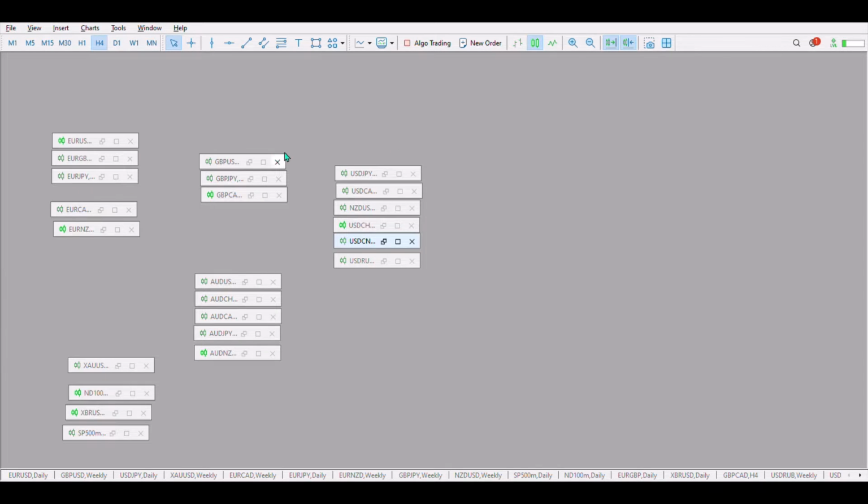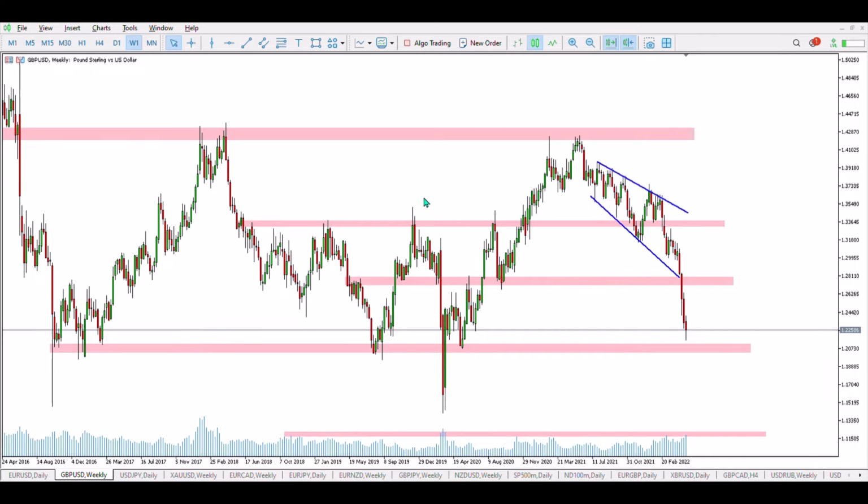Now let's check out the other charts and let's see the Great Britain pound against the US dollar. Currently we have also touched the lower support area, and here we also see a very strong downtrend on the weekly chart, very oversold market, so it's logical to observe some sort of pullback to the upside.